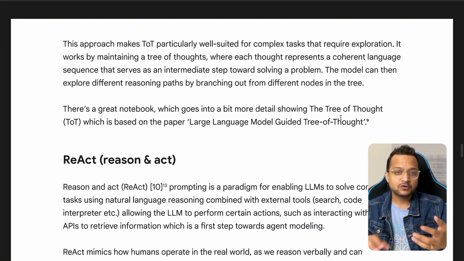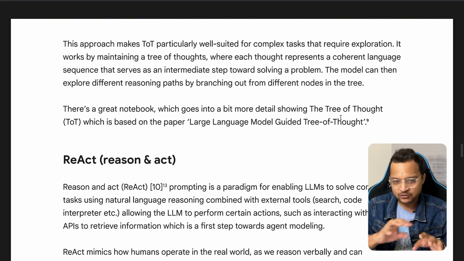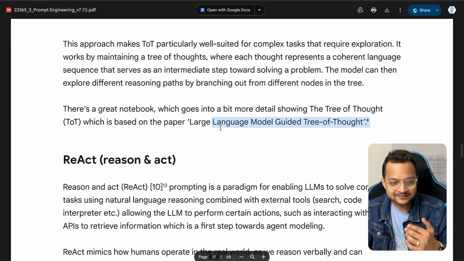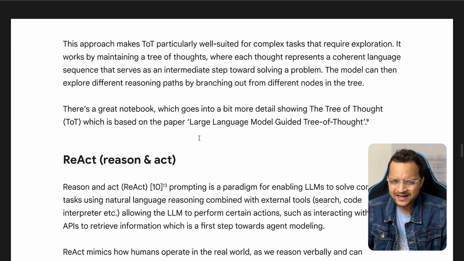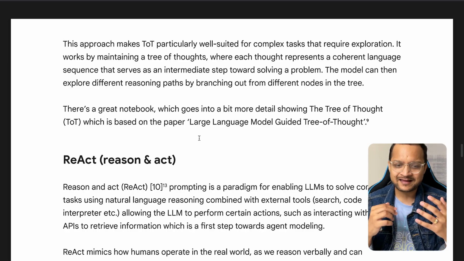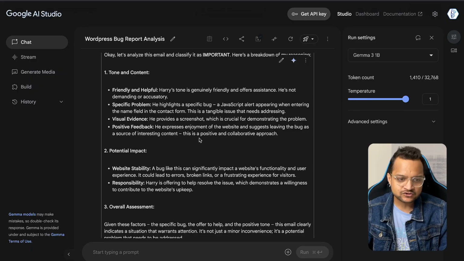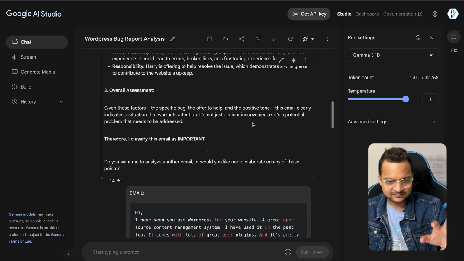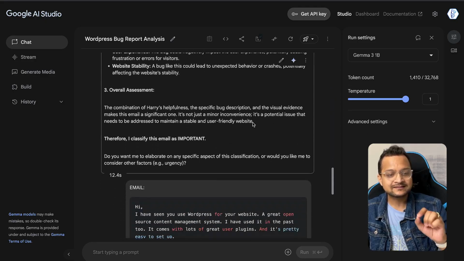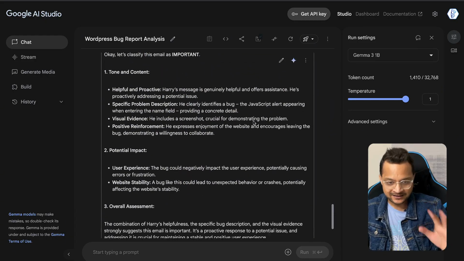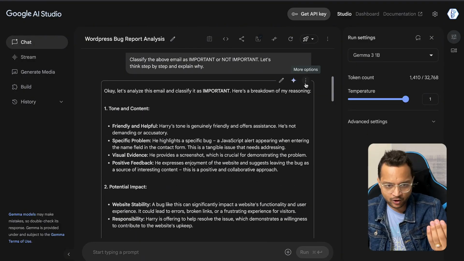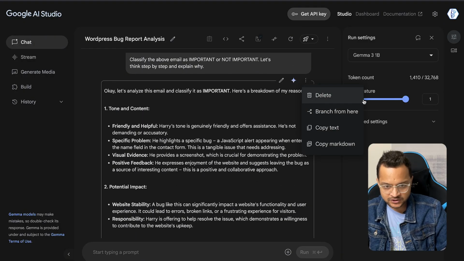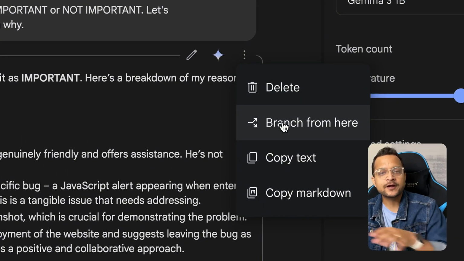If you want to learn more about tree of thought, go and learn from this paper, Large Language Model Guided Tree of Thought. To give you an example, there is not an exact example, but I can show you. See, I have this prompt and everything has an answer, a response, but I can go on any response or any prompt, click on the option and say branch from here.